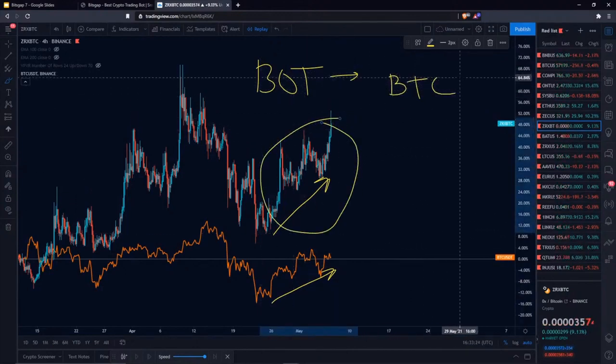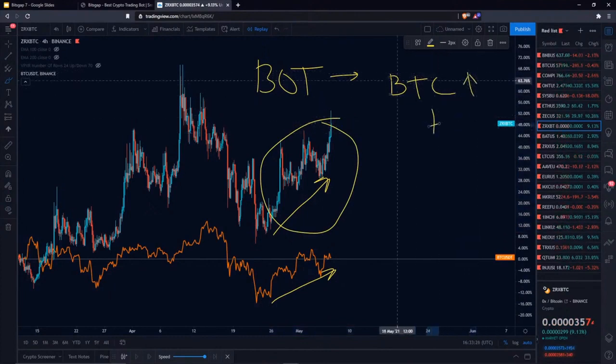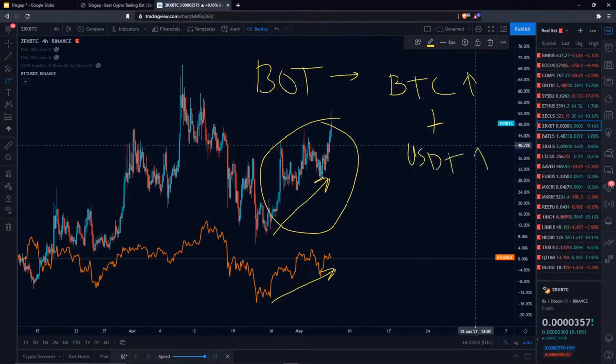And at the same time, this Bitcoin that you made in this bot trade also has appreciated during this period of time. So that means that now what the bot made for you is also multiplied by the exchange rate of Bitcoin to USDT. So the value of your Bitcoin relative to USDT has also appreciated.